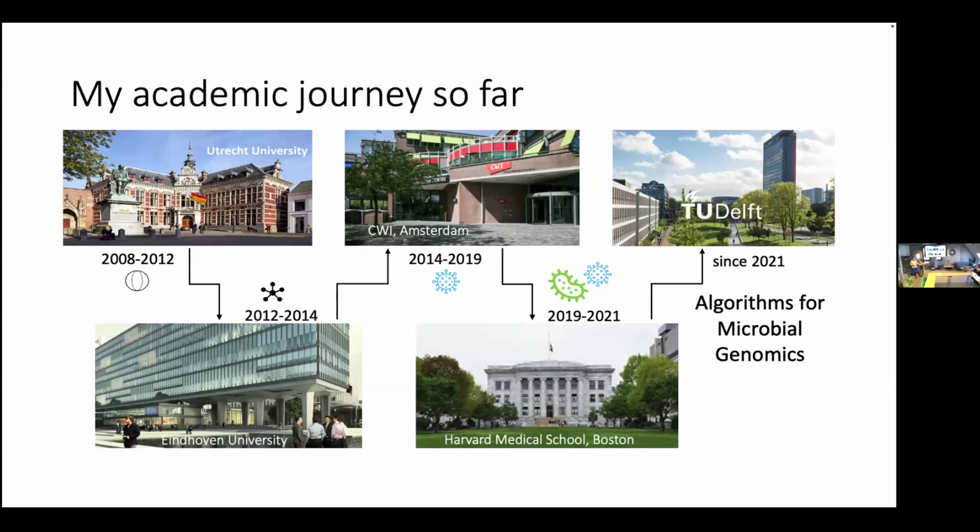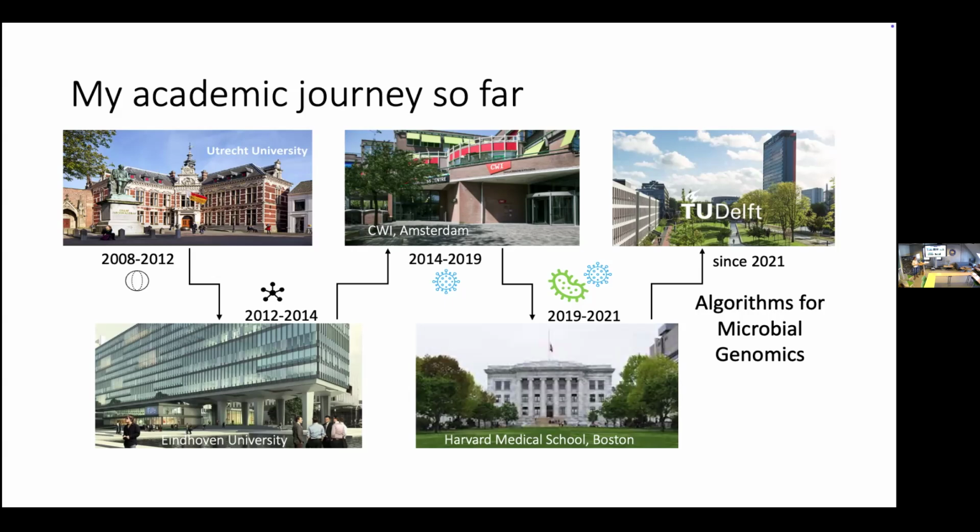So before I start, just quickly an idea of where I come from in terms of my background. I actually studied here. I studied mathematics in Utrecht, where I focused mostly on algebra in my thesis. And then I went to Eindhoven to study applied and industrial mathematics, looking for a bit more applications. And I've also always been interested in biology, so for a PhD, I found a nice topic in Amsterdam working on bioinformatics.